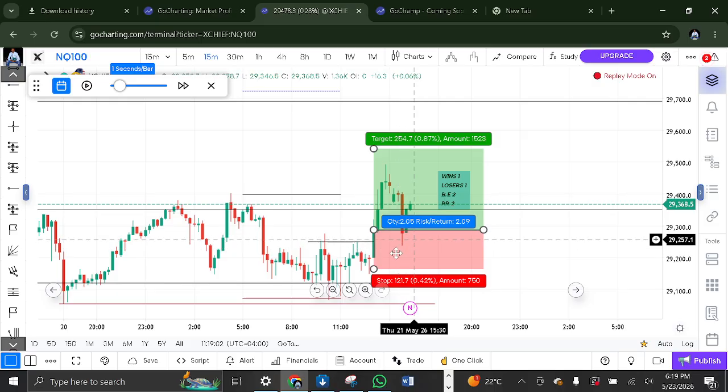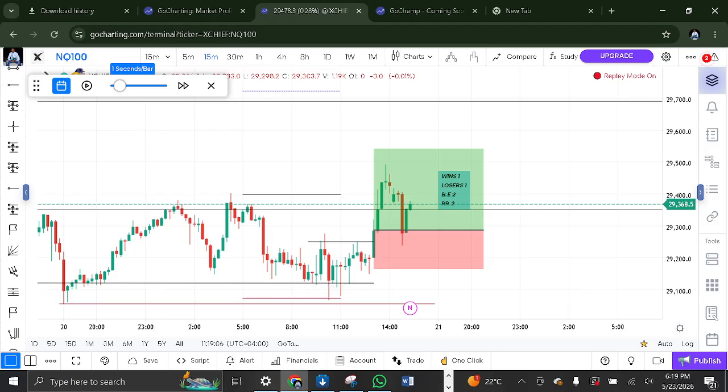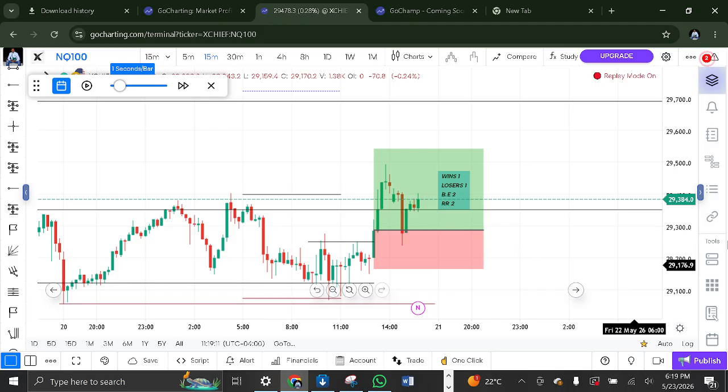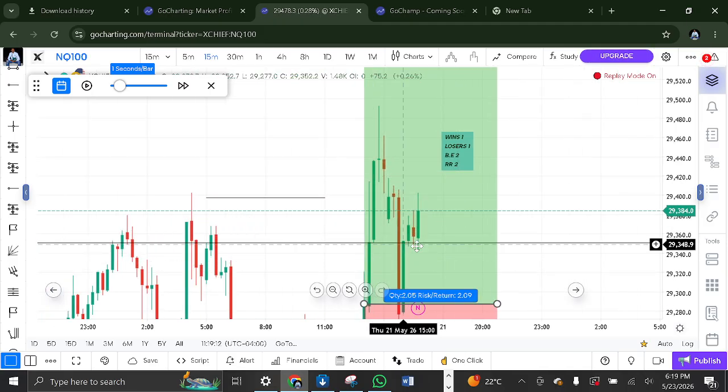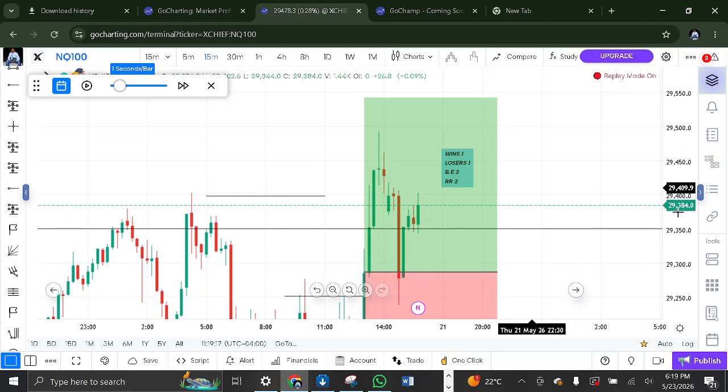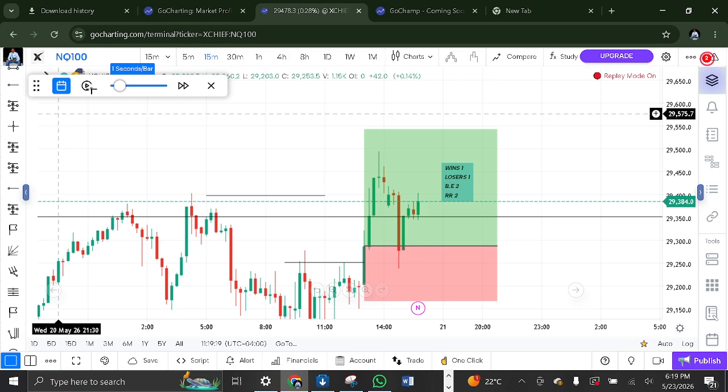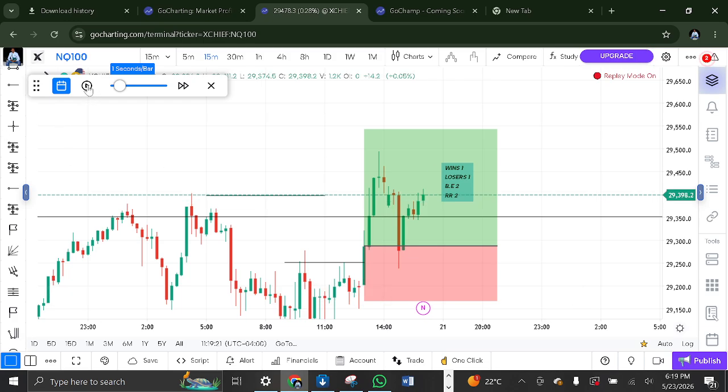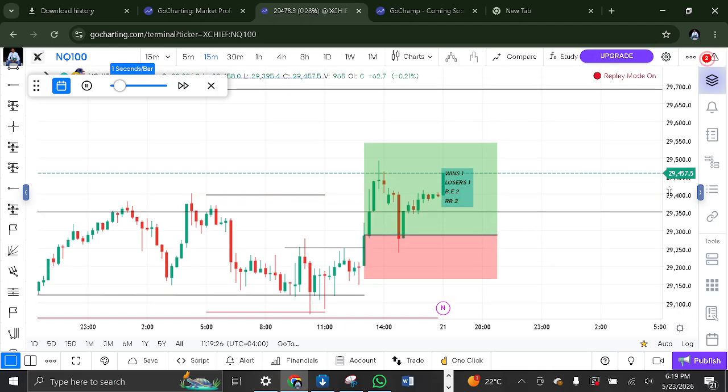Since we have formed this low and this fair value gap, if we disrespect that, then I should break even. This is the candle that traded into that 15 minutes fair value gap. The market has closed above it, so I should break even at that moment in time. Yes, confirmed fully. Now my stops are at break even.